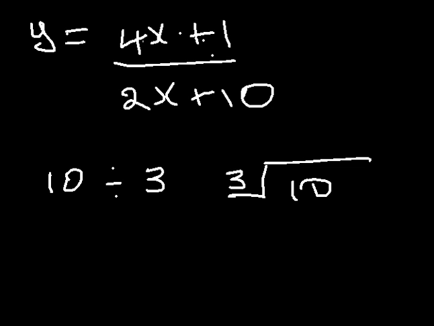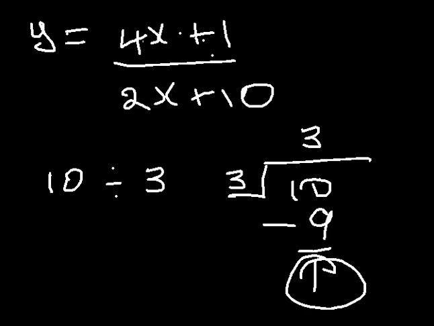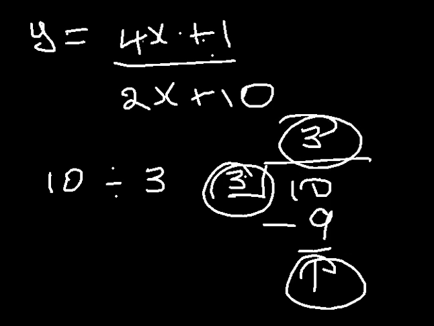In this case, we call this one the divisor, and this is the dividend. So we'll have 3 into 10, we have 3, and 3 times 3 we have 9. Minus, we have 1. So now, this is the remainder, this is the divisor, and we call this one the quotient.